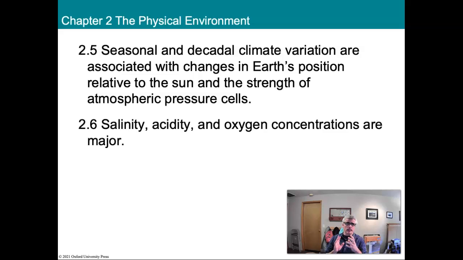There's really interesting decadal oscillations that are happening, as well as just how the Earth naturally tilts and moves around the sun. And these influences, particularly in oceanographic systems, have profound impacts on the physical parameters important to those ecosystems: salinity, oxygen, acidity, things like that.